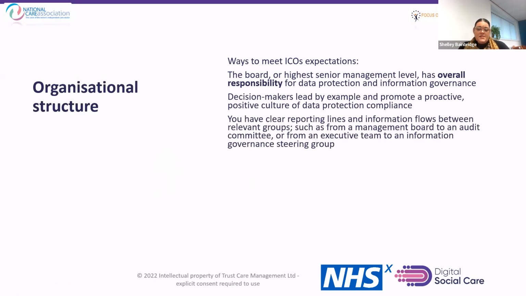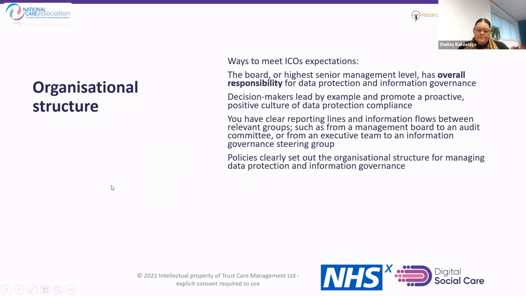You have clear reporting lines and information flows between relevant groups, such as from a management board to an audit committee, or from an executive team to an information governance steering group. Policies clearly set out the organisational structure for managing data protection and information governance. You require an organisational structure that talks about, encourages and educates your organisation around how we support, manage and protect data.